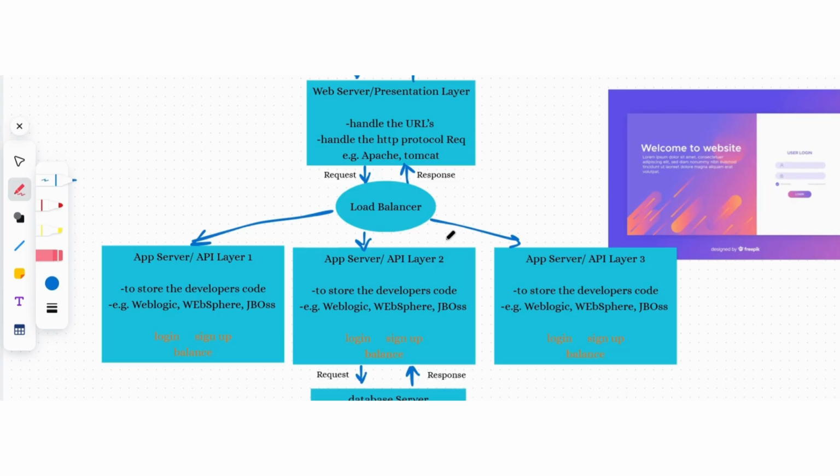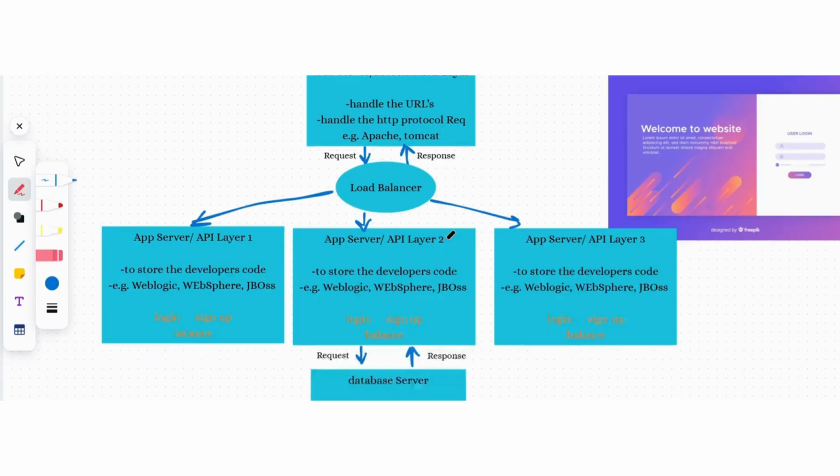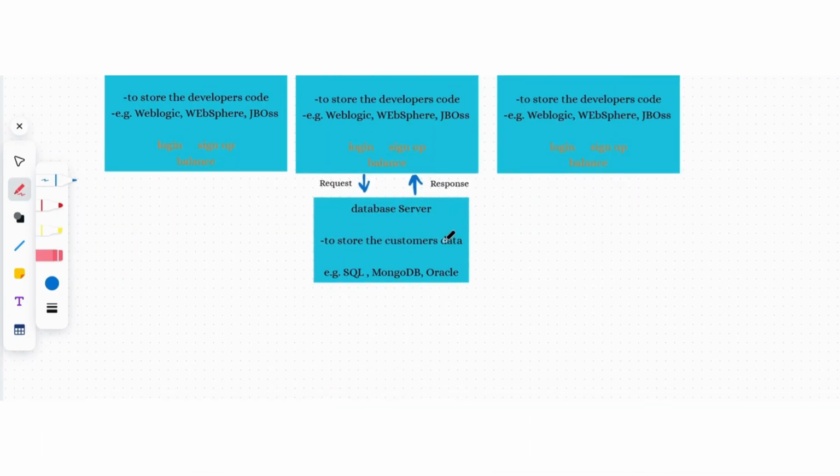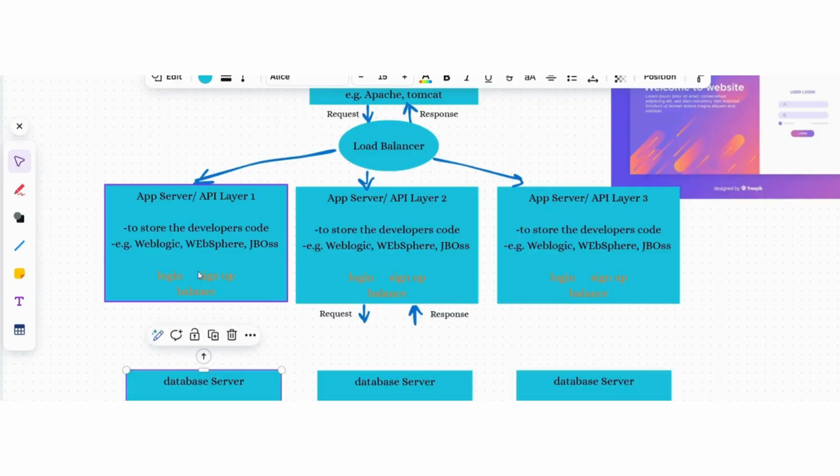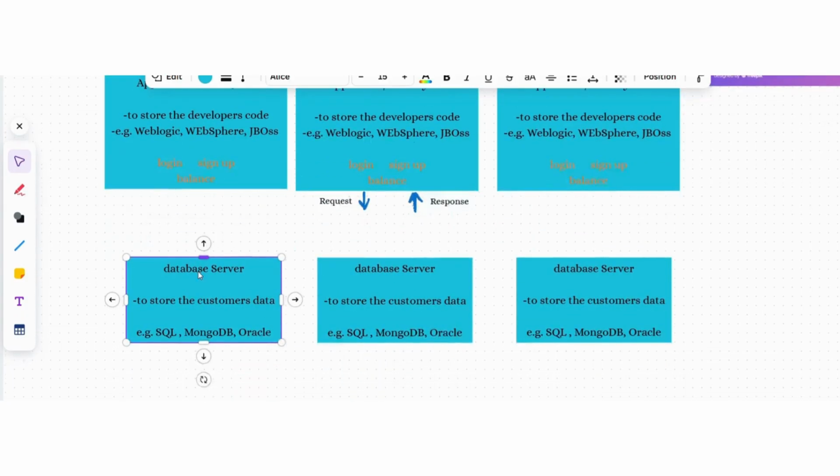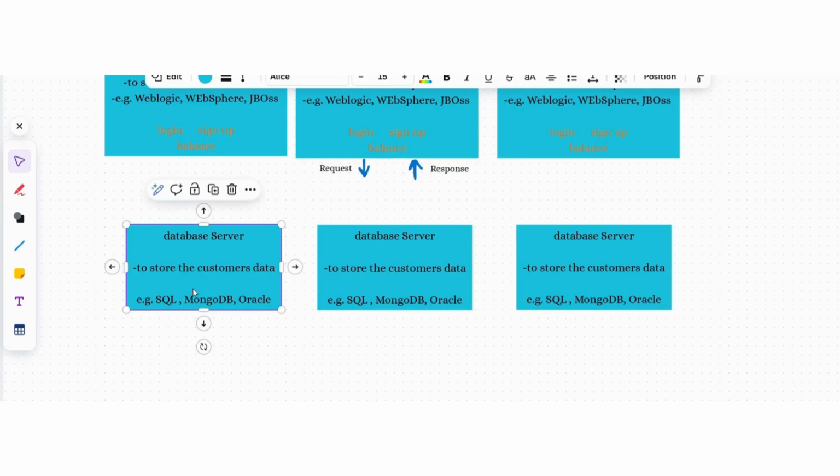Now, as the number of app servers increases, we also need more database servers. But here is the difference. App servers contain the same code, while database servers store different types of data.